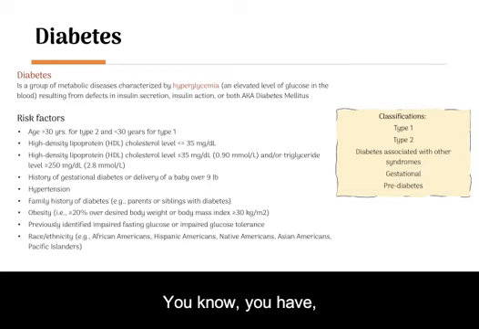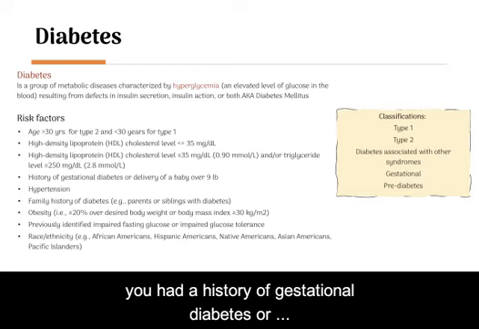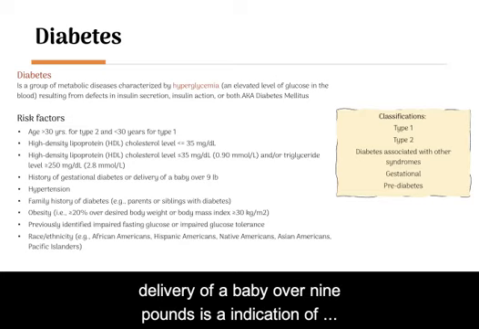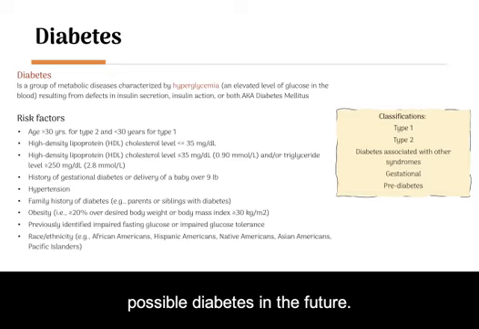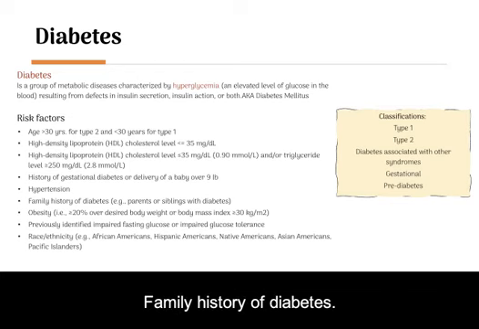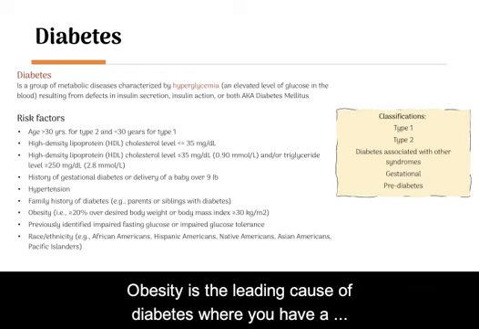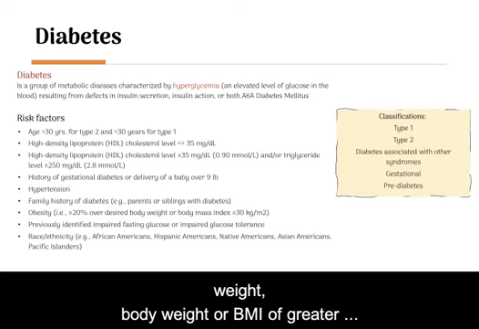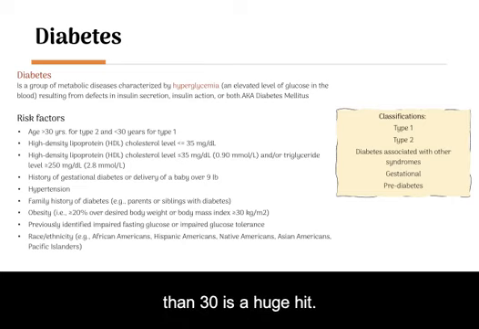You had a history of gestational diabetes or delivery of a baby over 9 pounds is an indication of possible diabetes in the future. Hypertension can also cause diabetes, right? Family history of diabetes. Obesity is the leading cause of diabetes, where you have body weight or BMI of greater than 30 is a huge risk factor for diabetes.